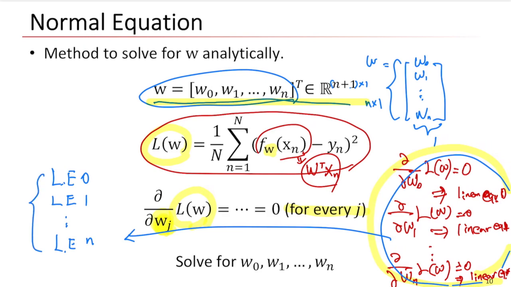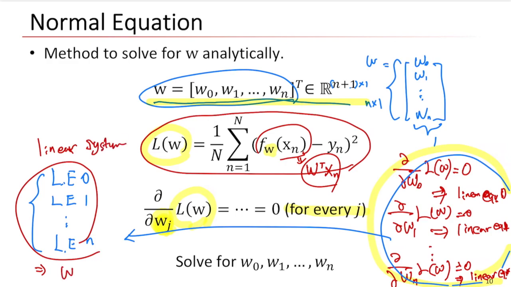Here it is. What does that mean? The solution of this linear system should satisfy each equation, right? Then how can you solve this?